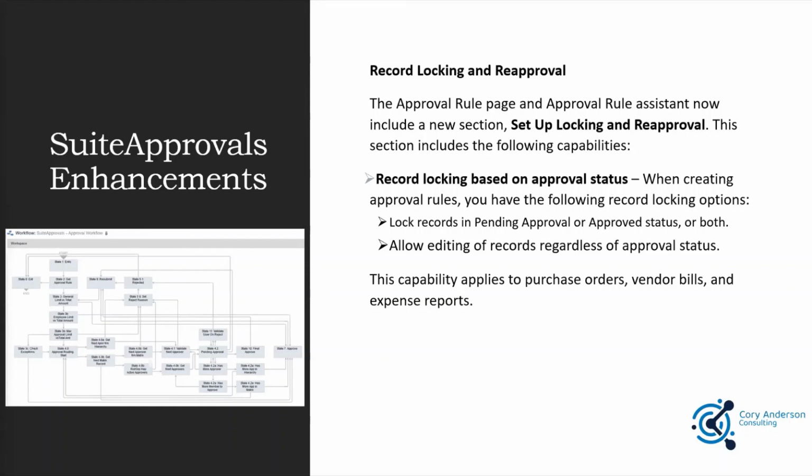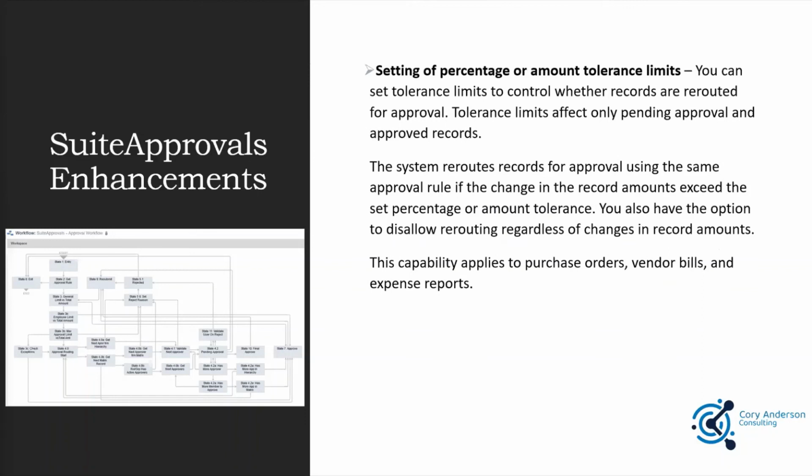This capability applies to purchase orders, vendor bills, and expense reports. And so suite approvals actually can apply to many different record types: purchase orders, vendor bills, expense reports, sales orders. There's some others that I don't remember for sure, but there's a lot of information in Suite Answers about it. The next thing is setting of percentage or amount tolerance limits.